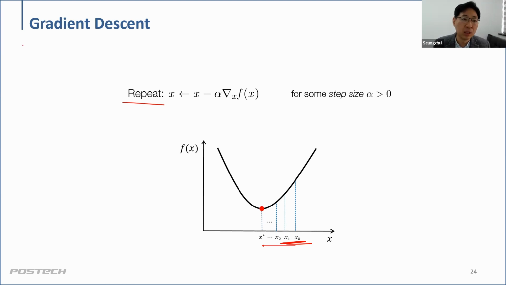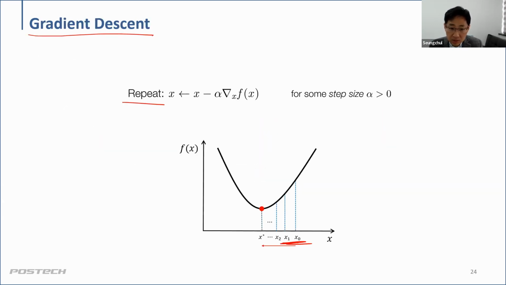So we call it the gradient descent method. As the number of iterations increases, we're hoping that the checking points get closer to the optimal solution like this. So we have to repeat the process. That's the principle of gradient descent.